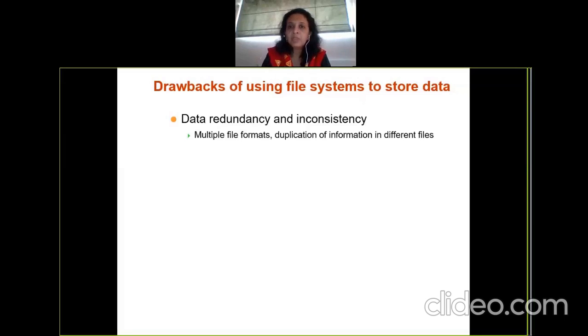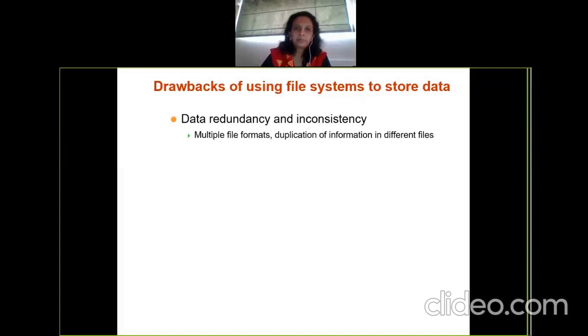Then if this duplication is there, and we need to update the information and it is updated in only 1 or 2 files and the remaining remain as they are, then while we retrieve the data, we may get incorrect information. So in that case, it results in data inconsistency. So you need to remember these two words always, data redundancy and data inconsistency. Everyone clear with this inconsistency concept?